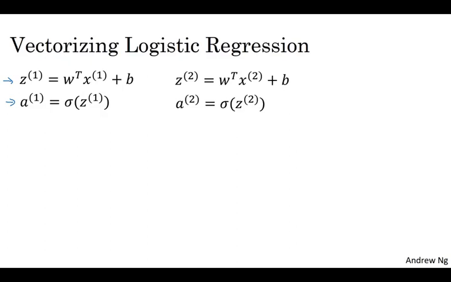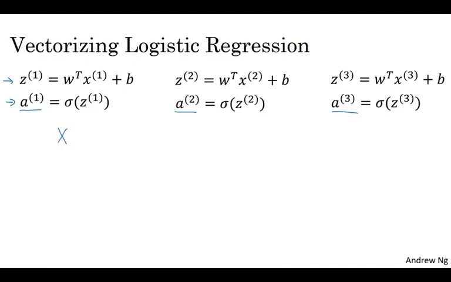Then on the third example, you need to compute that, and so on. And you might need to do this m times if you have m training examples. It turns out that in order to carry out the forward propagation step, that is to compute these predictions on all m training examples, there is a way to do so without needing an explicit for loop. Let's see how you can do it.